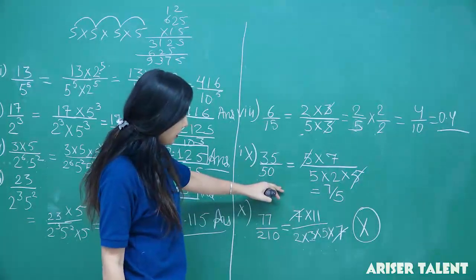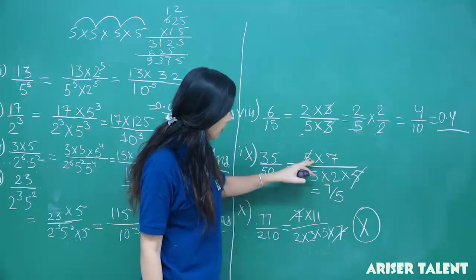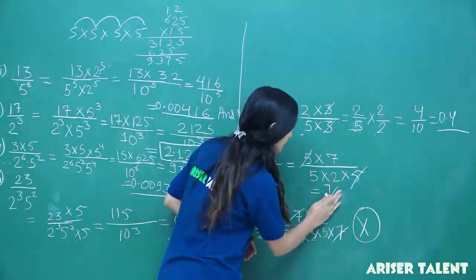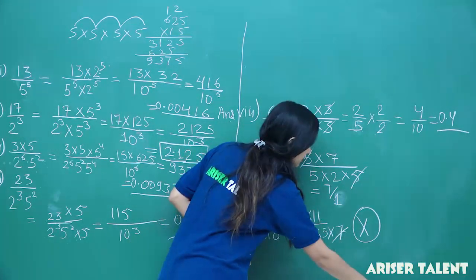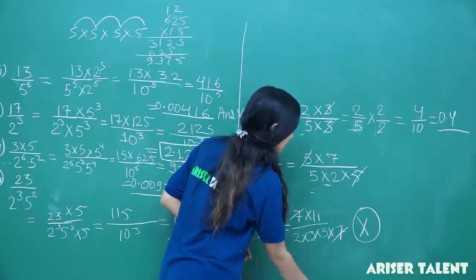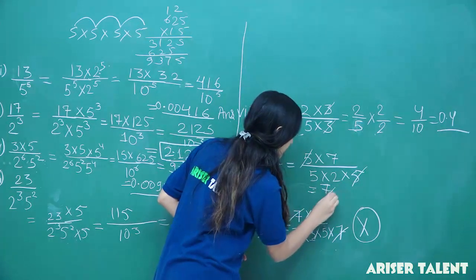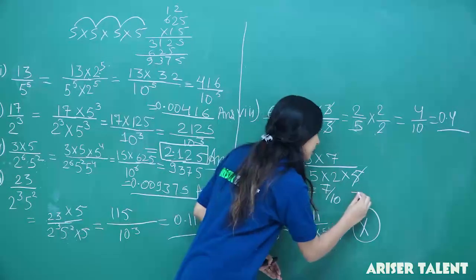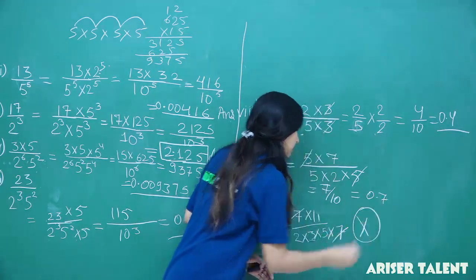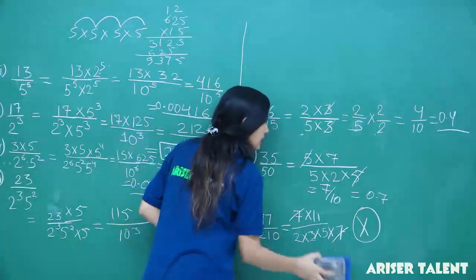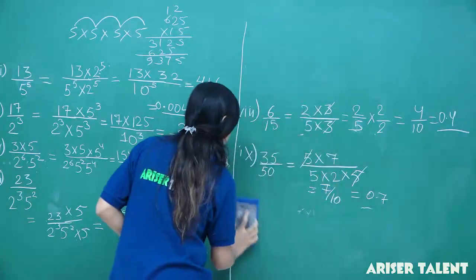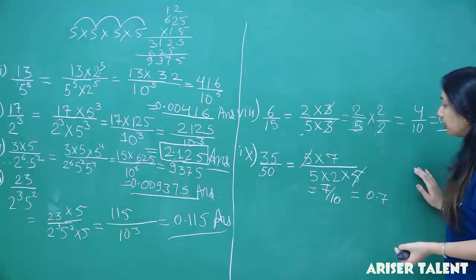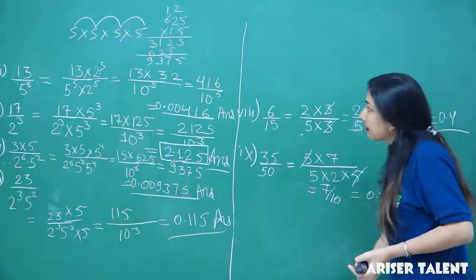Now here, I'll cancel out 5. So it's not 7 by 5, it's 7 by 10. Correct it. It's 7 by 10. So how will you write 7 by 10? It will be 0.7. Okay. The 10th one was again non-terminating. So this question completes here.